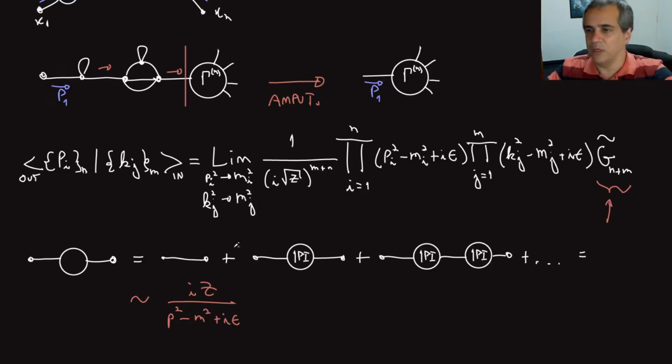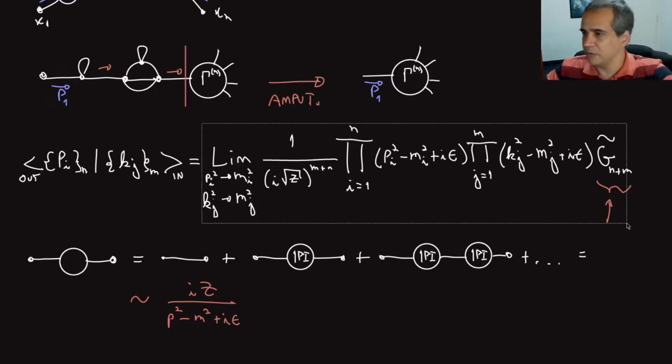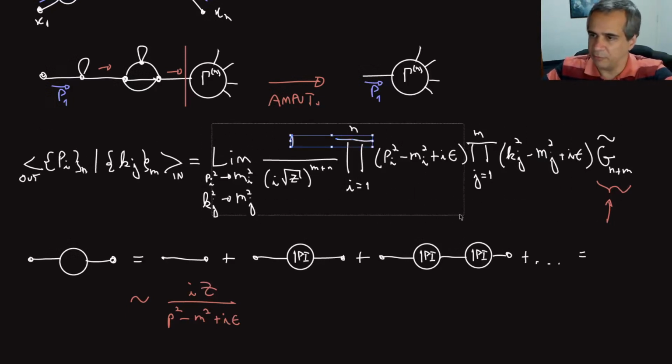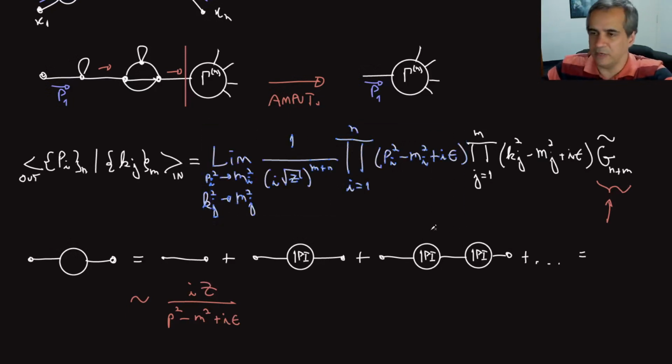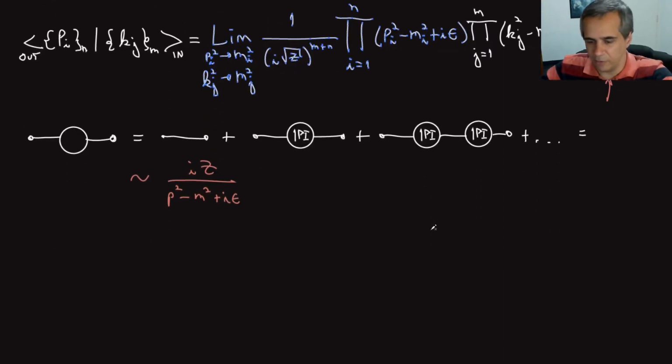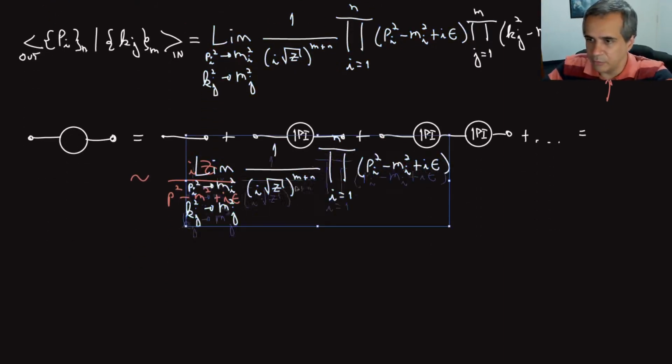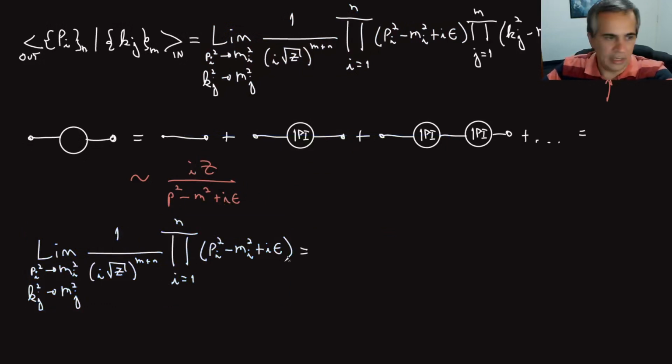If that is true, then I can rewrite this expression. Let me copy it. Or better yet, all that matters is this part of the LSZ formalism, which can be rewritten as follows. Let me take a factor here. This is the power of Z that I want to throw in. So I take the square root of Z to the m plus n, and throw it inside this product.